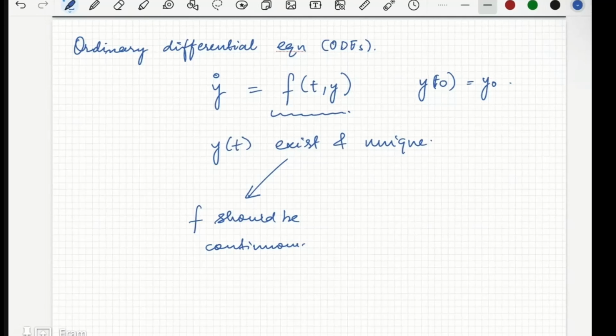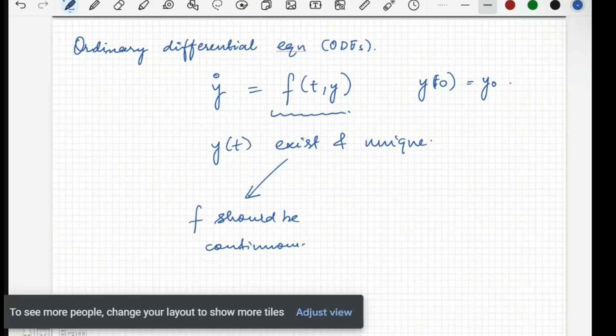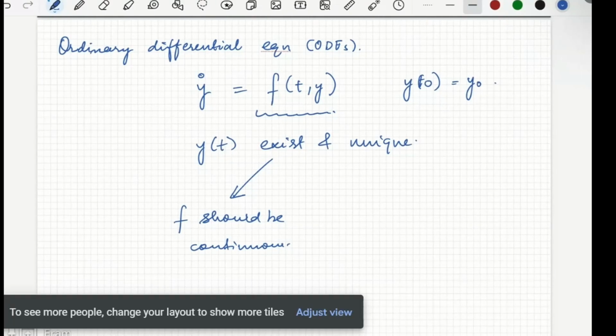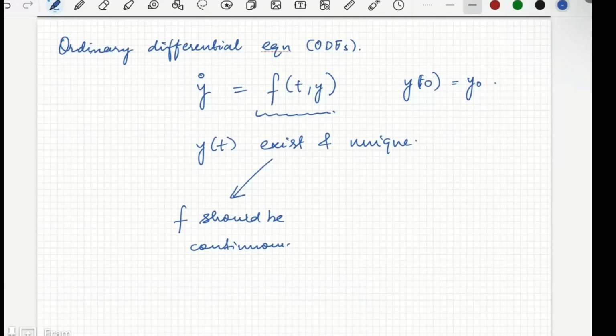So what is the extra condition that should be satisfied such that the solution will be unique? What property should f have to have a unique solution? Anyone? Ma'am, it satisfies the Lipschitz condition, ma'am. Yes, the uniqueness comes from the Lipschitz condition.